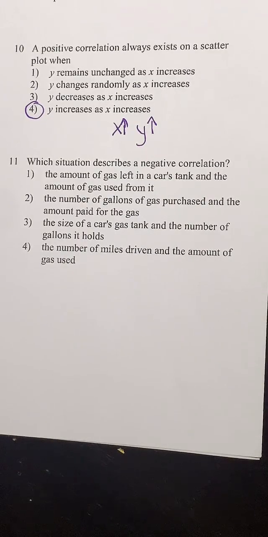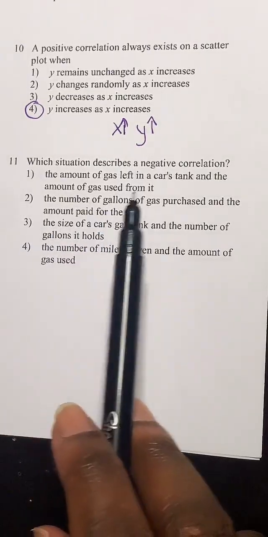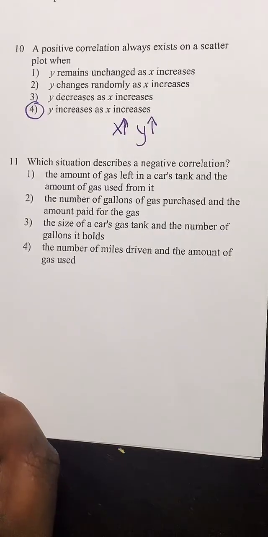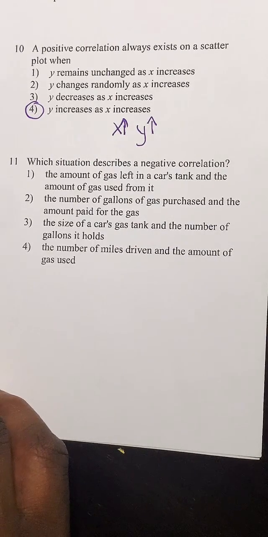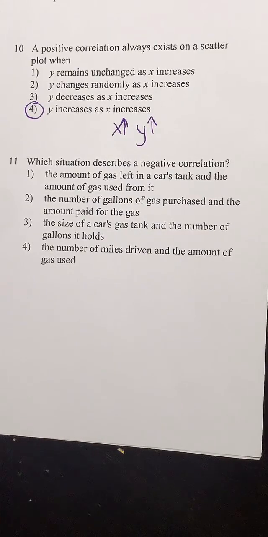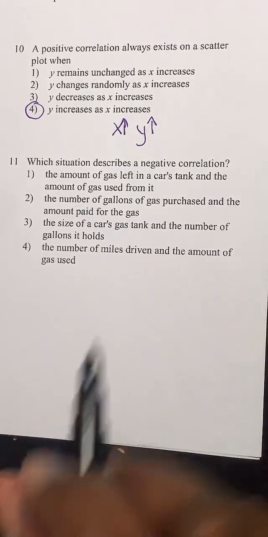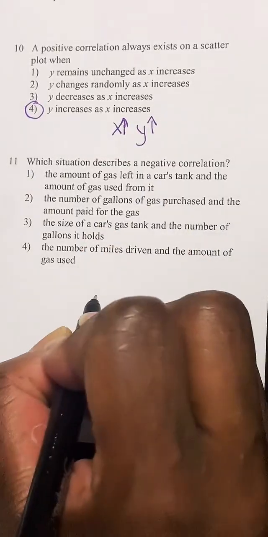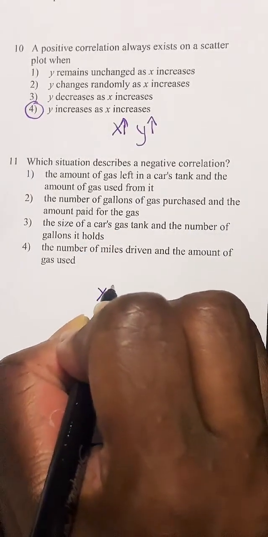One for number 11. Okay, so which situation describes a negative correlation? The amount of gas left in the car's tank and the amount of gas used from it. The number of gallons of gas purchased and the amount paid for the gas. The size of the car's gas tank and the number of gallons it holds. The number of miles driven and the amount of gas used. Okay, so if we're looking for a negative correlation, that means we want our independent.